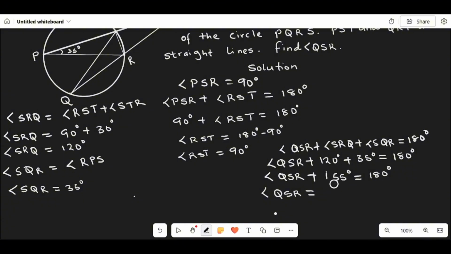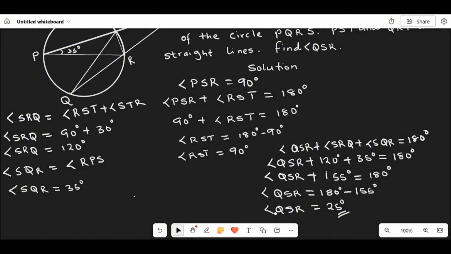If we transpose 155 degrees to the right hand side, the positive will become negative. So angle QSR is equal to 180 degrees minus 155 degrees, which is going to give us 25 degrees.